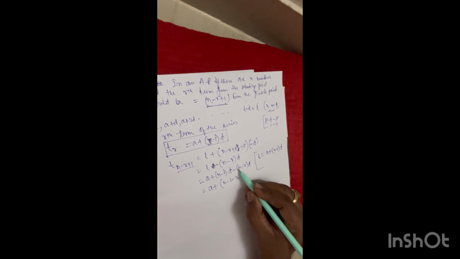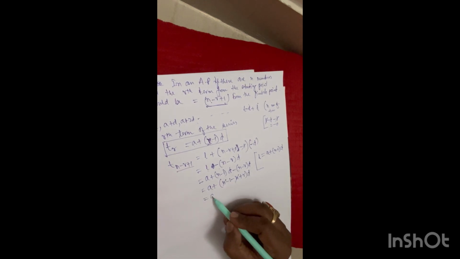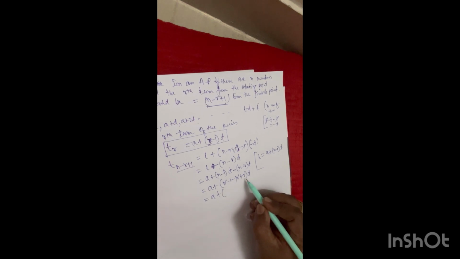So minus and plus here will give you minus, minus and minus will give you plus, into D. So here n will be cancelled out. Ultimately what I will get is (R minus 1) into D.